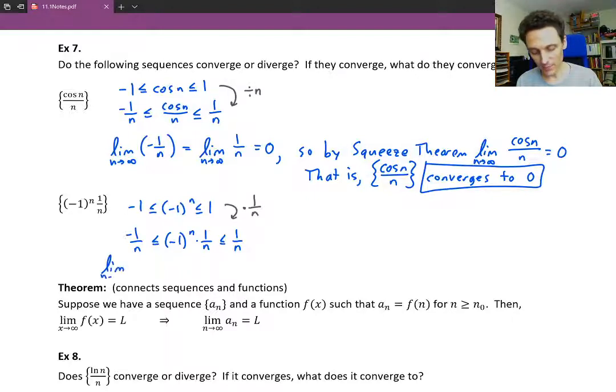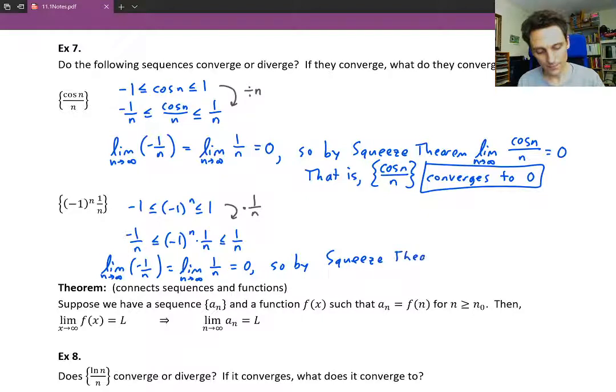The limit as n approaches infinity of negative 1 over n, and the limit as n approaches infinity of positive 1 over n are both 0. So by the Squeeze theorem, the sequence in between, the negative 1 to the n times 1 over n, converges to 0 as well.